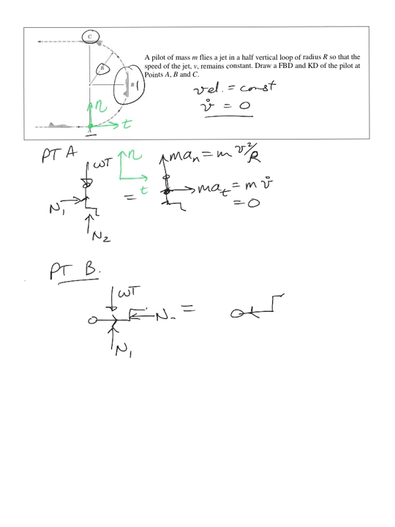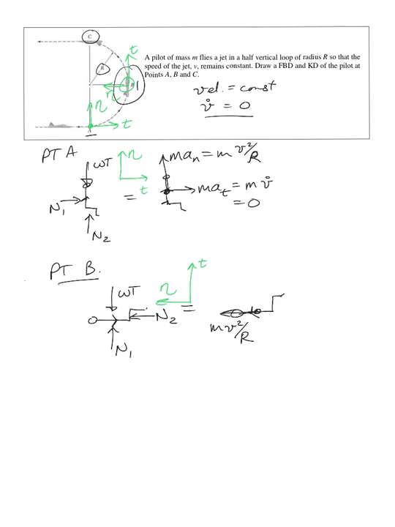I've got the possibility of a normal force from the bottom of the seat. And over on this side, I've got a normal acceleration, which would be v squared over r. And again, if we look at point B, we've got the tangential up and the normal towards the middle of the circle. So there would be our coordinates at B.